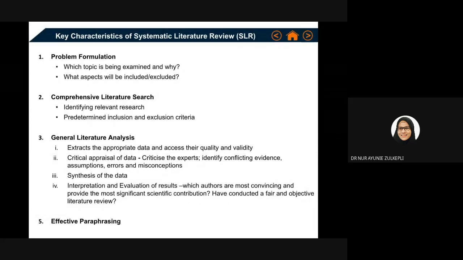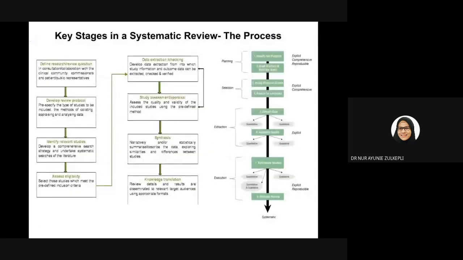After you summarize, you need to interpret and evaluate the result, and then make it in the form of a review. Okay, and effective paraphrasing we will also cover as a key characteristic for SLR as well.